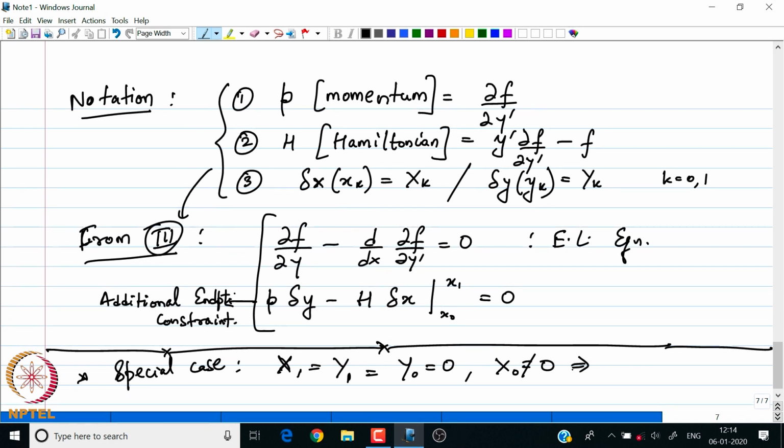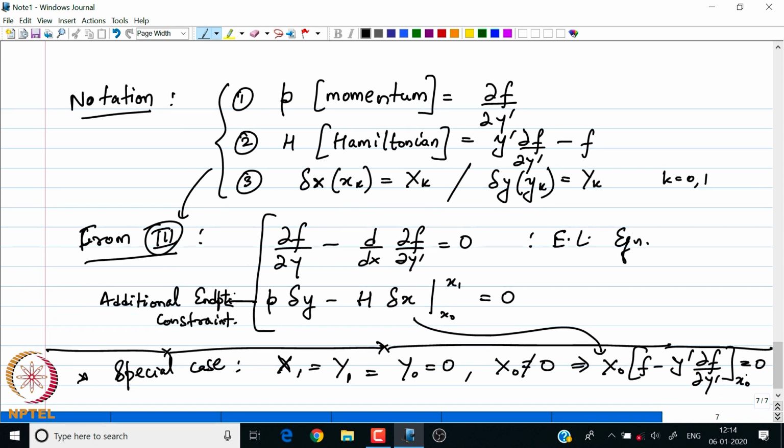In that case, my additional constraint reduces to x naught times the Hamiltonian, which is f minus y prime del f del y prime at x naught, and this is set equal to 0.